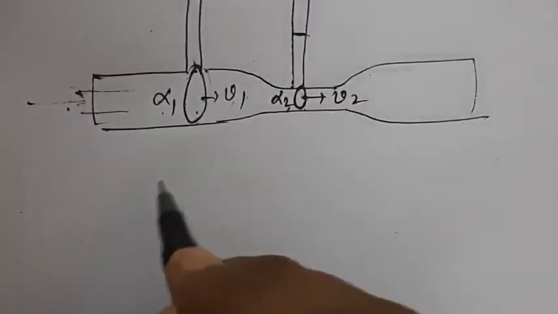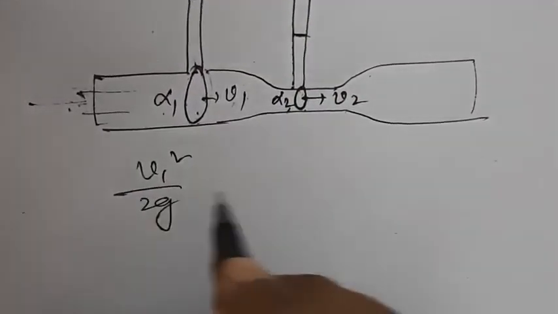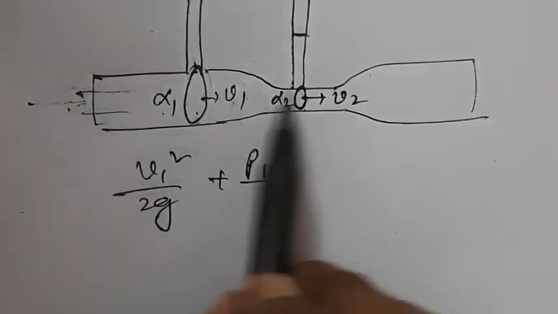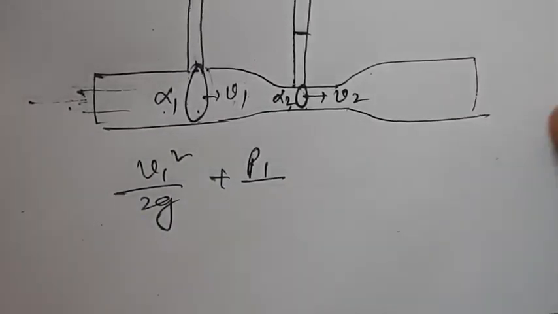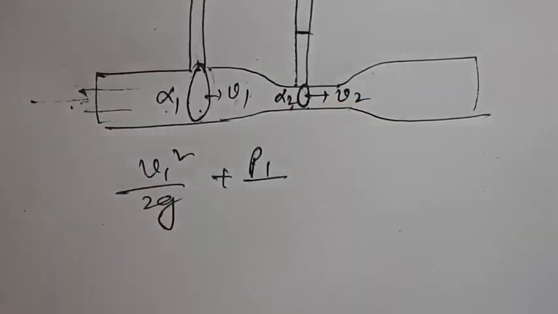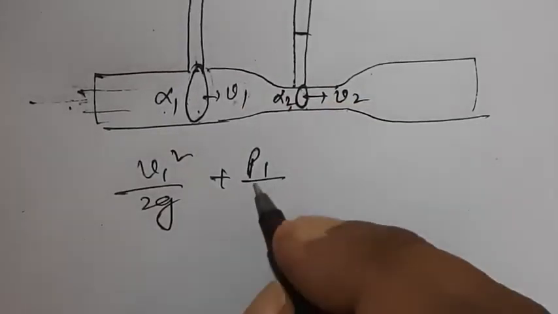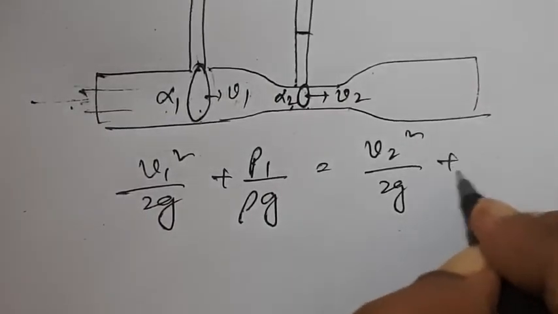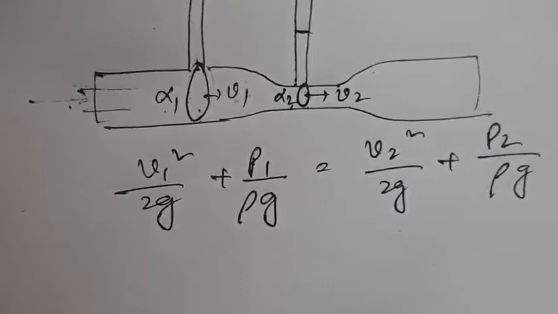So we can write v1 square by 2g. Now the height portion will be 0, h is 0, because this is the same horizontal level. As both the tubes are at the same horizontal level, we take the height to be equal to 0. P1 by rho g is equal to v2 square by 2g plus P2 by rho g.